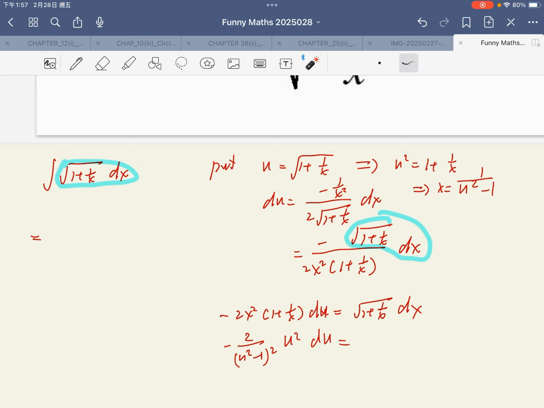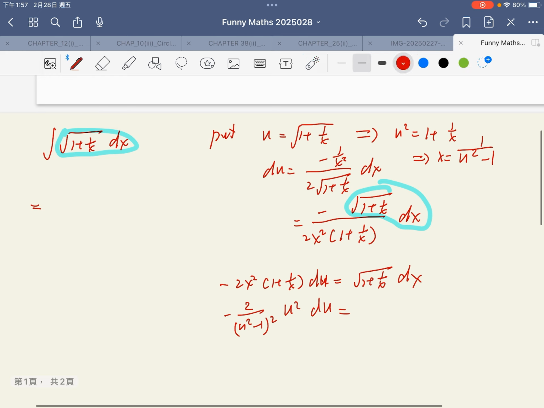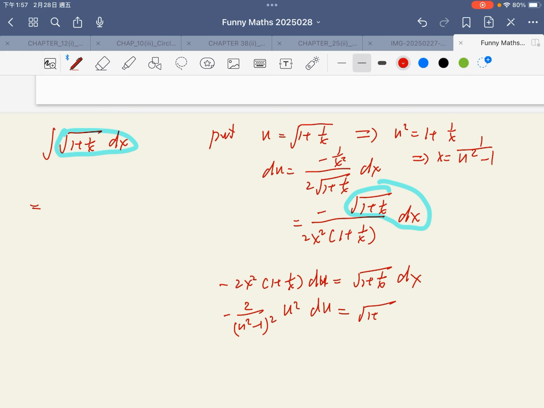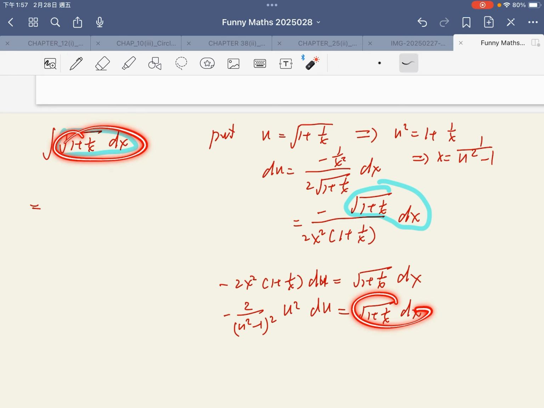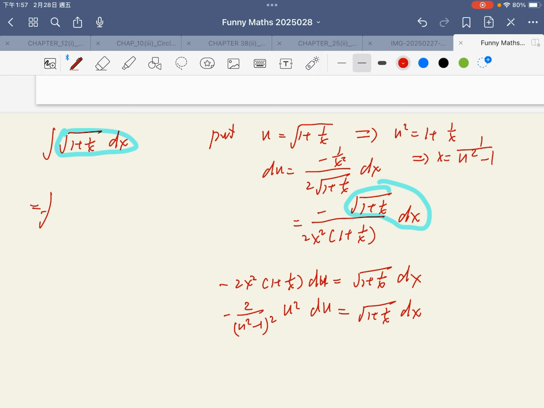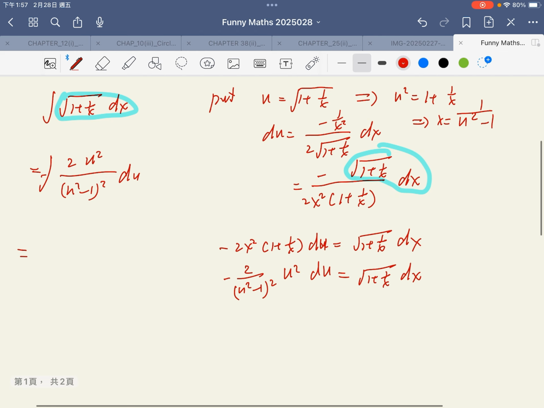That is the left-hand side of this format. Change everything to u, and here I only copy. Therefore, this one is equal to this one. Now the format becomes crazy, because you can see that it's not as simple as you think.